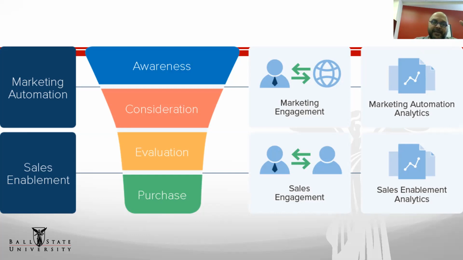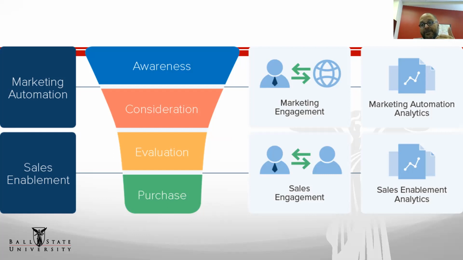So what you'll see is that, yes, marketing has to play a role in all of this. But in the creation of awareness and consideration, marketing automation can play a very big role. Again, remember the idea of inbound marketing and outbound marketing that you did earlier, where you're creating awareness and getting the customer interested so that the customer now reaches out to your salespeople.